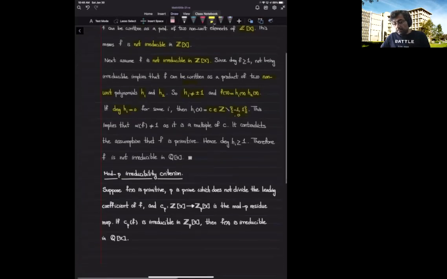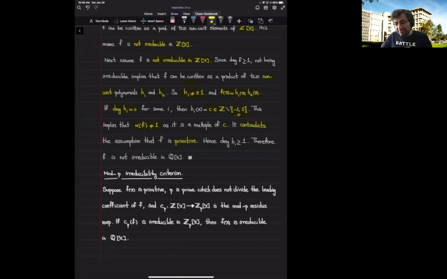That means the content of f cannot be 1 because it's a multiple of c, and c is neither 1 nor -1 and so on. So therefore f cannot be a primitive polynomial, and that's a contradiction. And so it contradicts f being primitive.